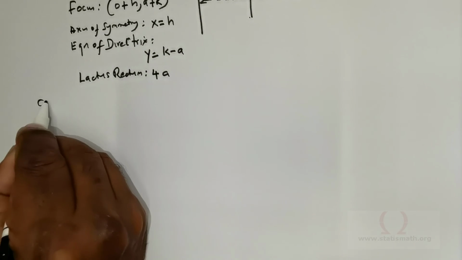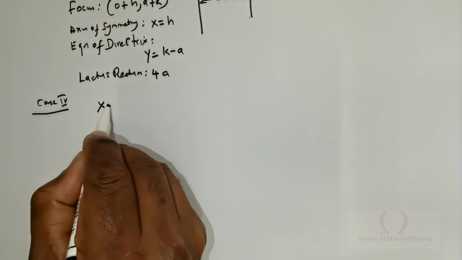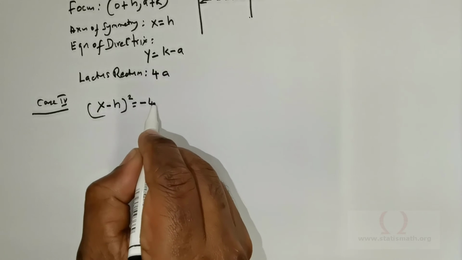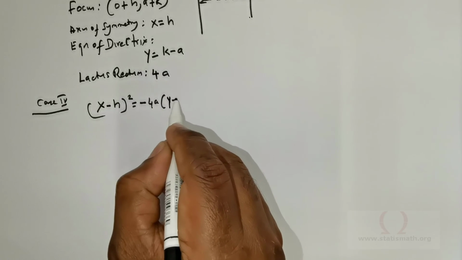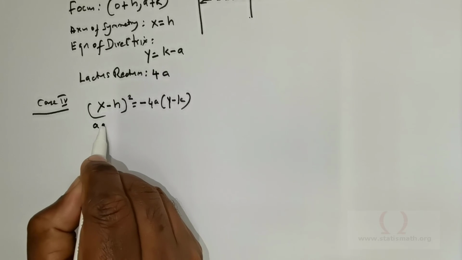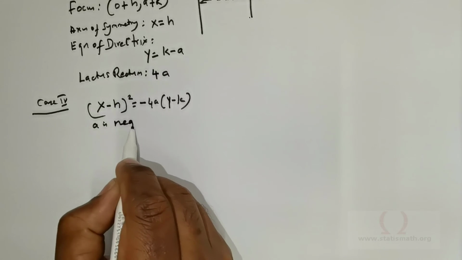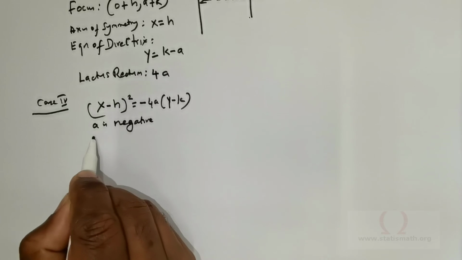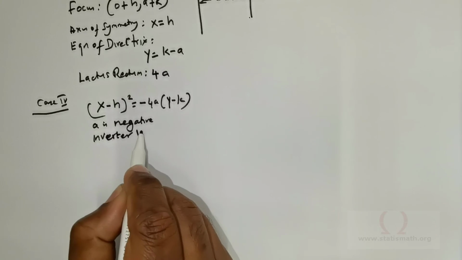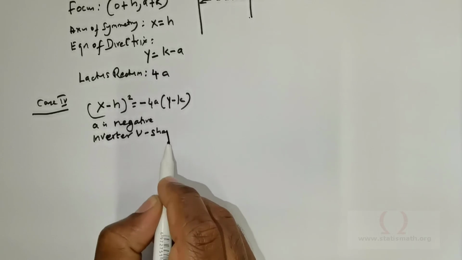The next case is case 4, where the form of the parabola is (x − h)² = −4a(y − k). So a is negative, so that means the shape is an inverted U shape.